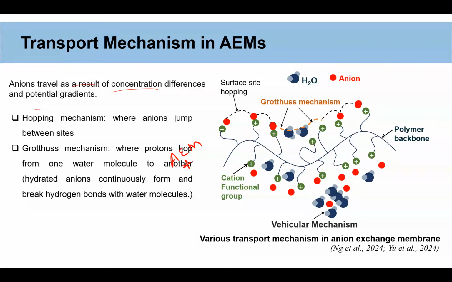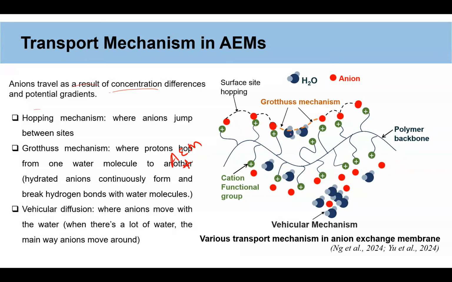That is the Grotthuss mechanism. Ions come and pass through the water molecules, break the hydrogen bond, and then move to a different site. And last is vehicular diffusion, where the anions move with the water. Where there is a lot of water, the main way the ions move is with the water.